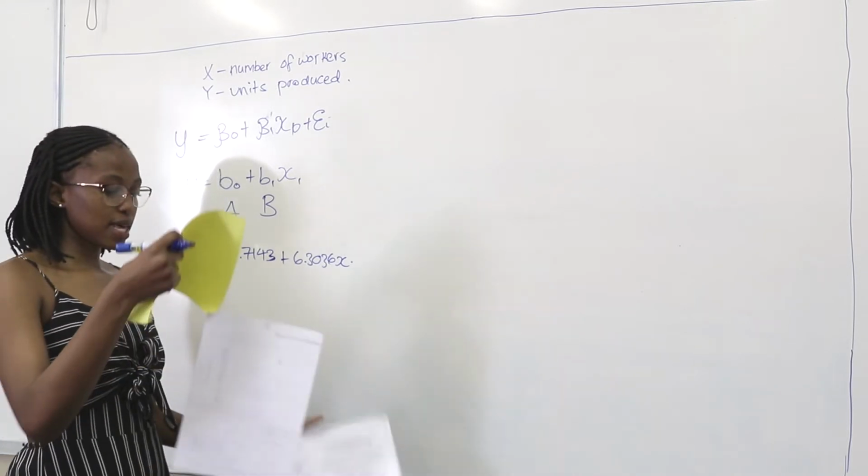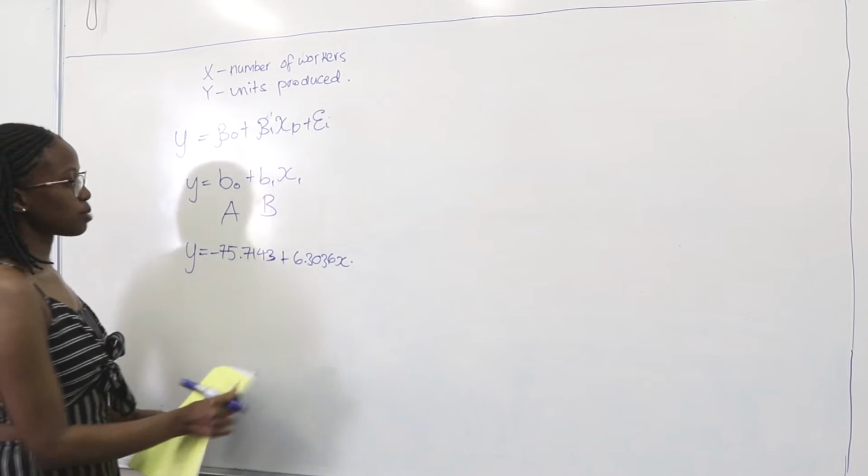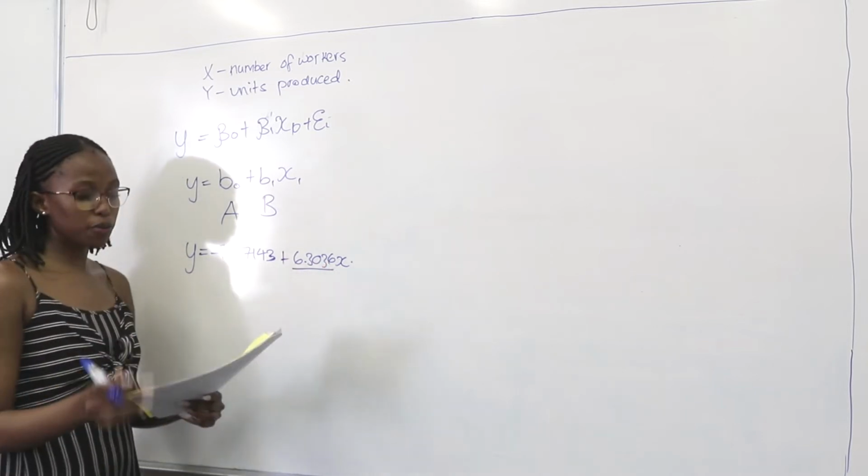And then the question goes on to say interpret the slope parameter. What they mean by that is for you to explain what the slope means exactly.